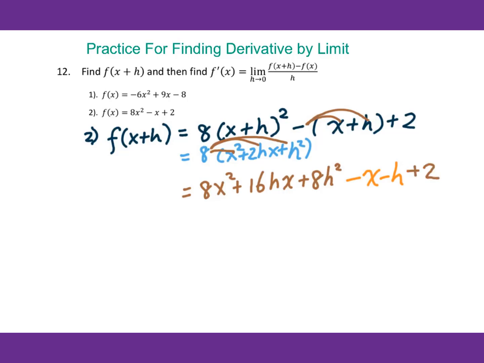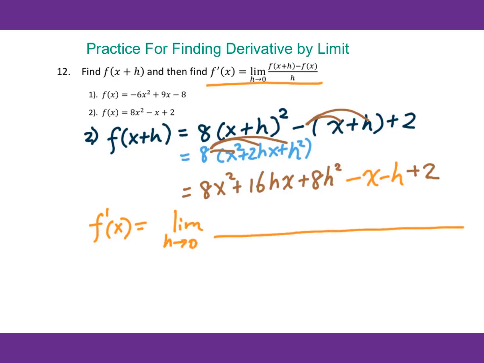Then we got to use the derivative formula. That is the derivative of f(x) equals limit as h approaches 0 of f of x plus h, we already got over here. So we got 8x squared plus 16hx plus 8h squared minus x minus h plus 2.